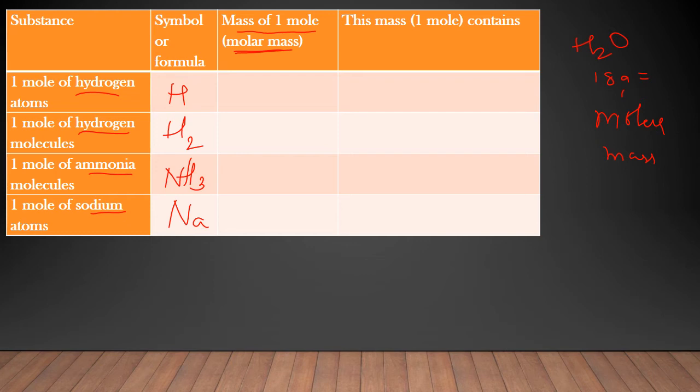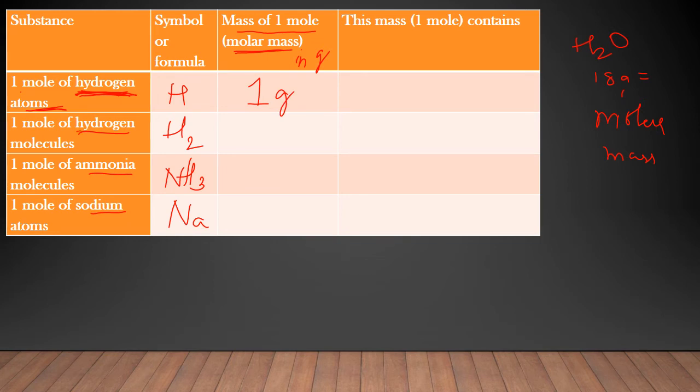So for hydrogen, if I have 1 mole of hydrogen, since it is an element, I need to write the atomic mass of hydrogen here in grams. Atomic mass of hydrogen is 1. So 1 gram.